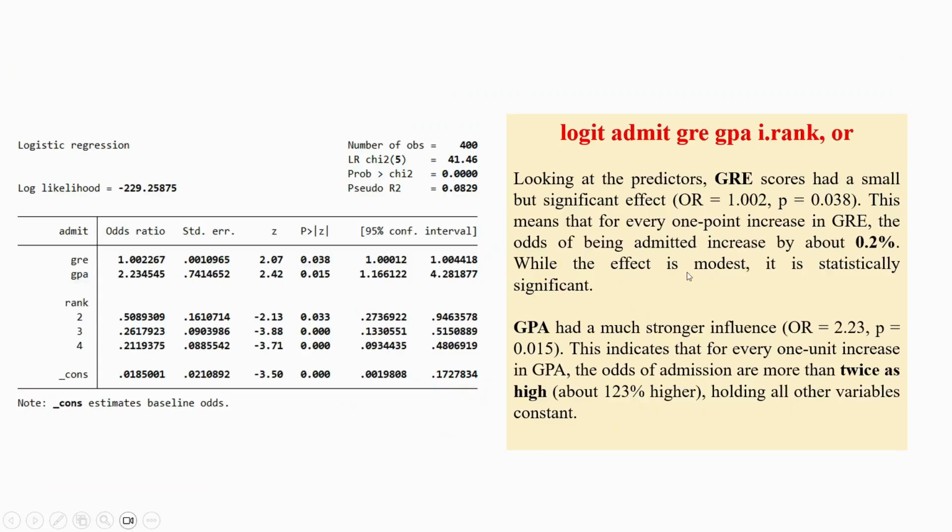While this effect is modest, it is statistically significant. Now let's talk about GPA. GPA odds ratio is 2.23. What will be the effect? 2.23 minus 1 is 1.23, times 100, so 123%. This indicates that for every 1 unit increase in GPA, the odds of admission are more than twice as high, about 123%, holding all other variables constant.